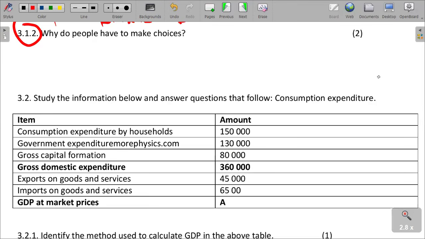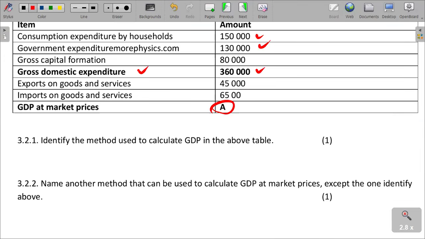As you can see, item consumption by households has amounts given there, and gross domestic expenditure is 360,000. GDP at market prices is given as unknown. The question is saying, identify the method used to calculate GDP in the above table.